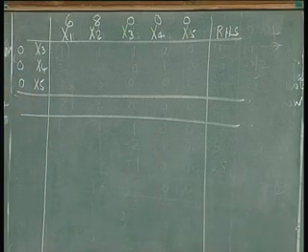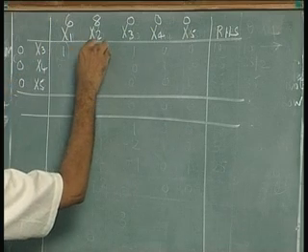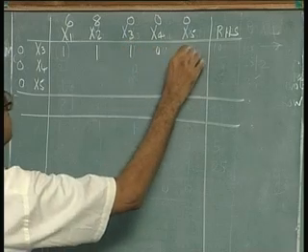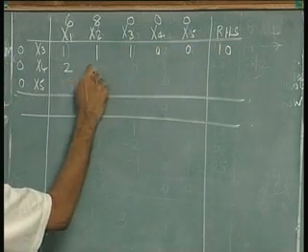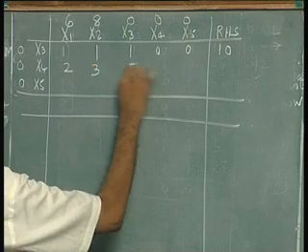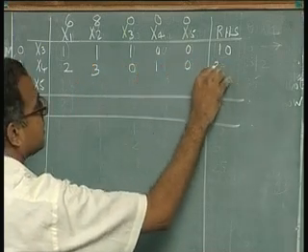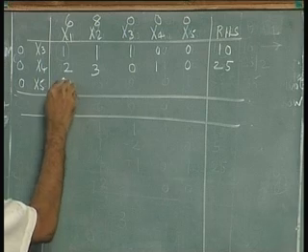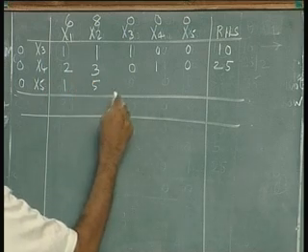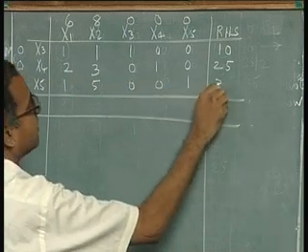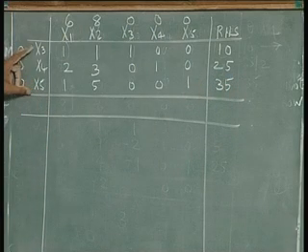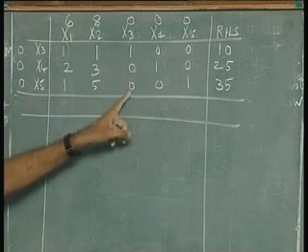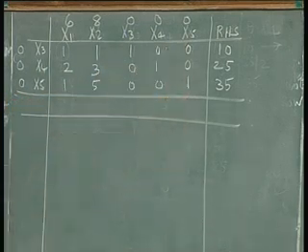Now the equations are written as x1 plus x2 plus x3 plus 0x4 plus 0x5 equal to 10, 2x1 plus 3x2, 0, 1, 0 equal to 25, and 1, 5, 0, 0, 1 equal to 35. Now you see the identity matrix under x3, x4 and x5 in the order of appearance: 1, 0, 0, 0, 1, 0 and 0, 0, 1.